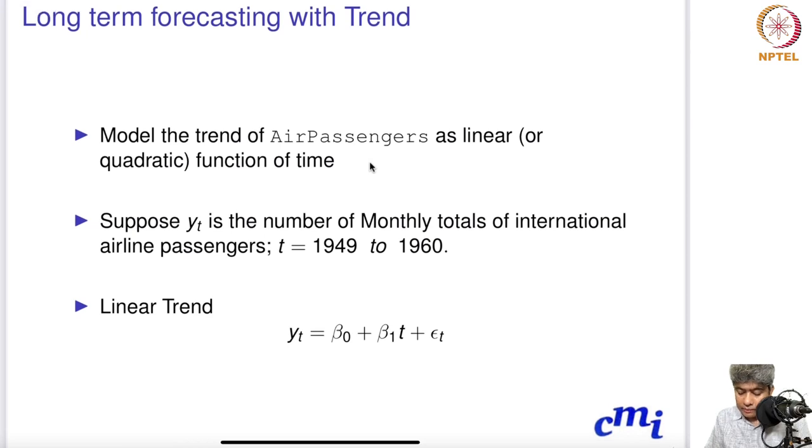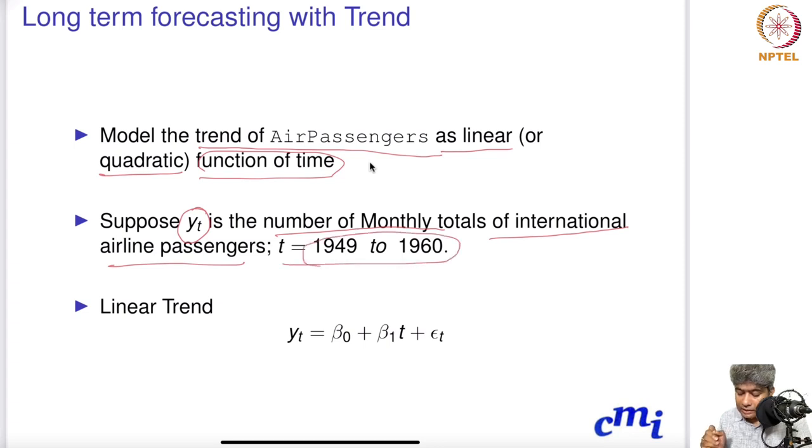To model the trend of the AirPassengers data, the first thing we will try is maybe a linear or quadratic function of time. Suppose Y_t is the monthly total of international airline passengers, and t runs from 1949 to 1960.